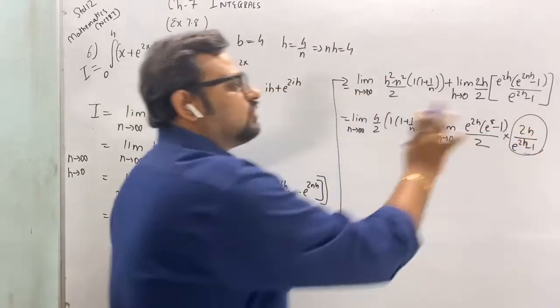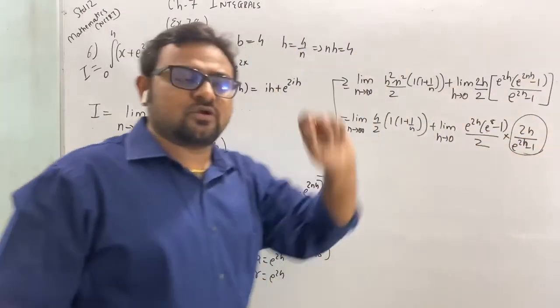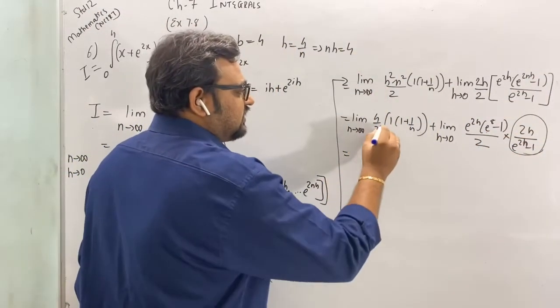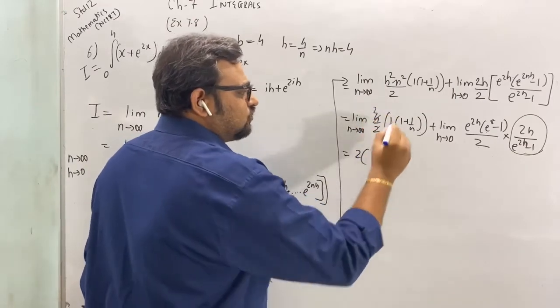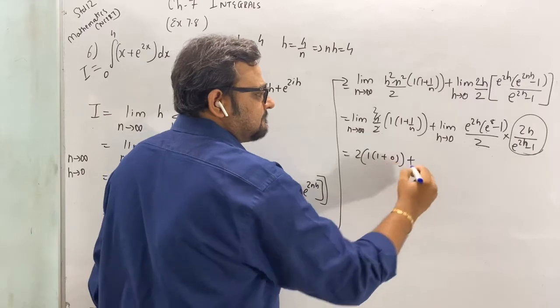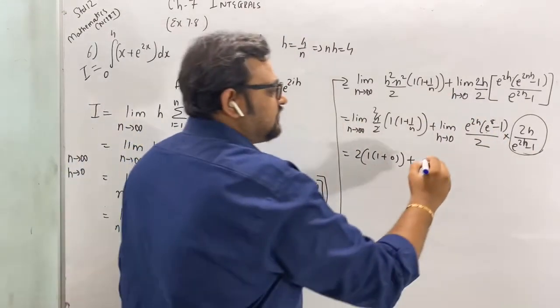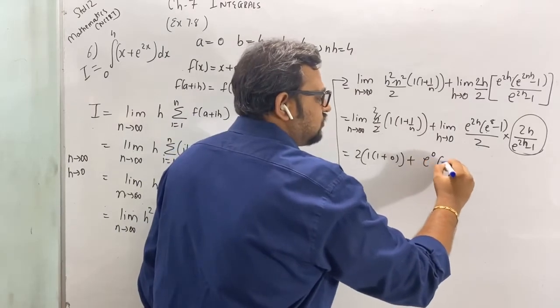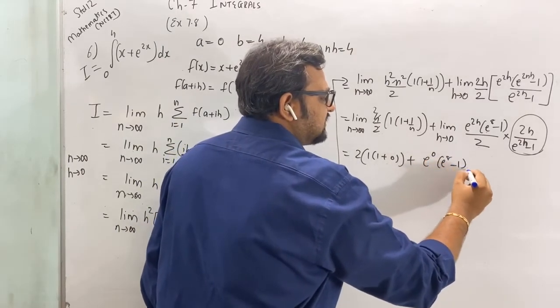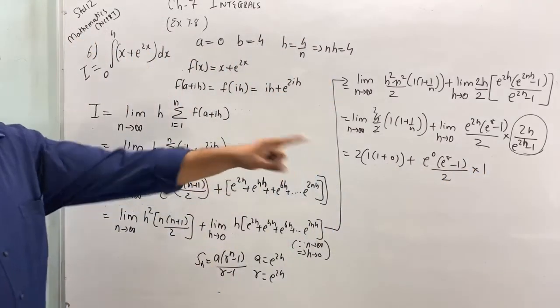This will be equal to 1. Okay, e raised to 2h minus 1 upon 2h. So now just putting here 2, 1, 1 plus 0 plus e raised to 2h, putting the value of h as 0, it will be e raised to 0, e raised to 8 minus 1 upon 2 into 1.